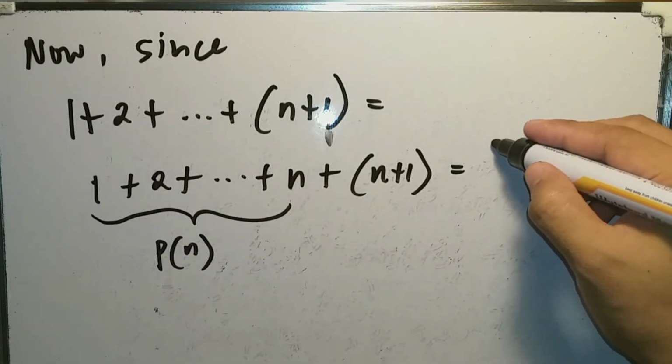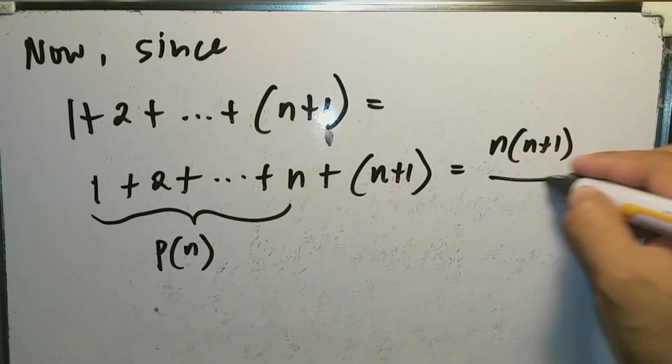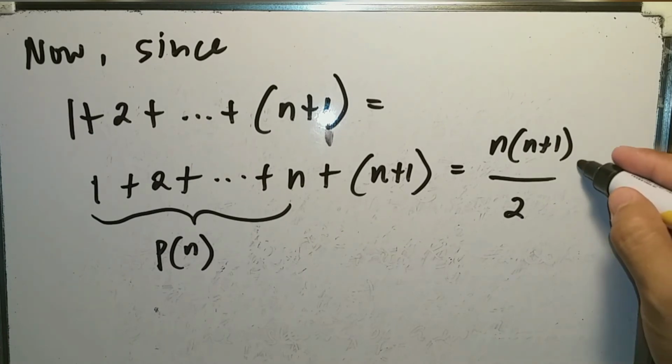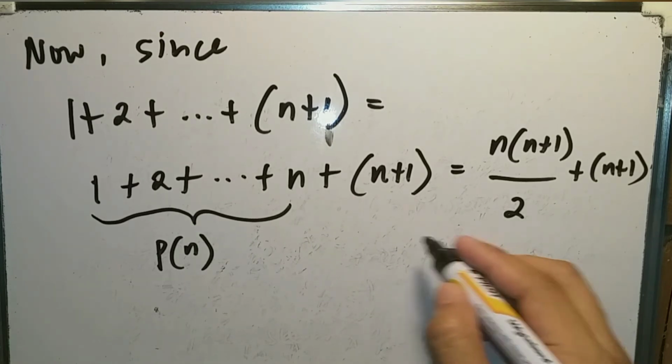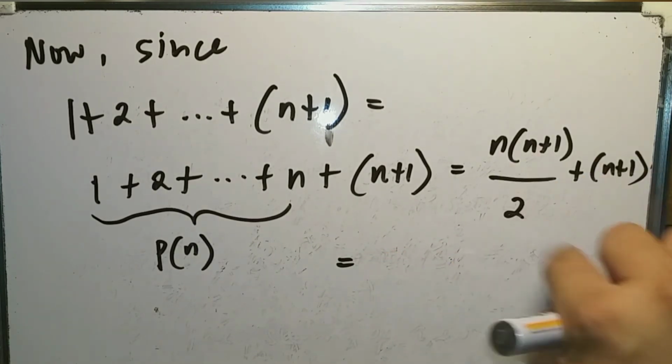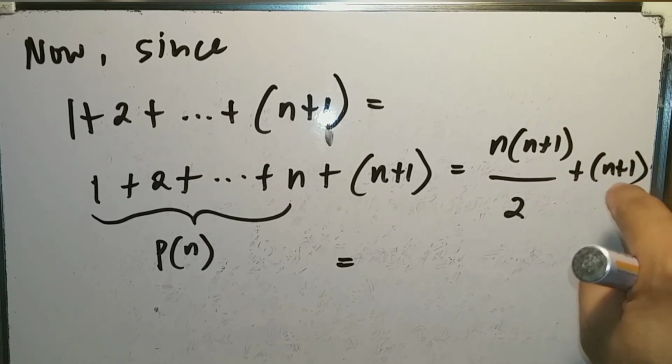So we have n times n plus 1 all over 2, and then plus n plus 1, and then we just manipulate this.